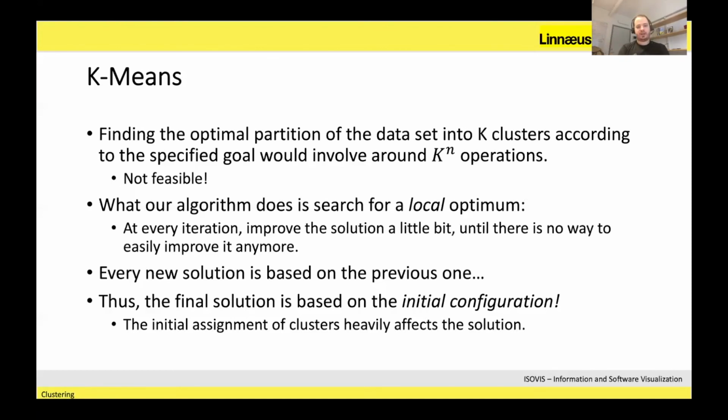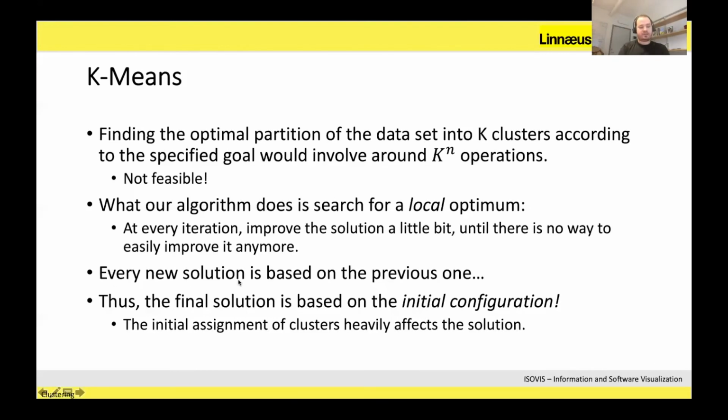So as we've seen, at every iteration, we improve the solution a little bit. We start with a random one, then we improve until there's no easy way to improve it anymore, then we stop. Then we found a local optimum, which is a good enough solution that we have so far, and we hope it's good.